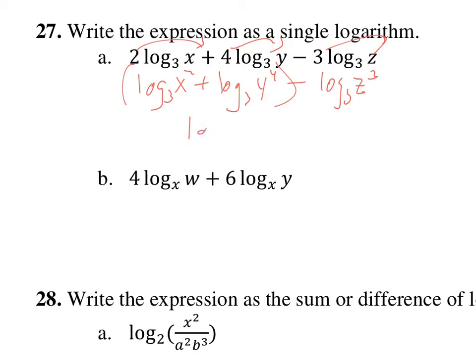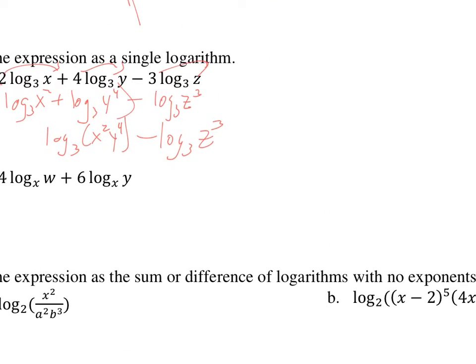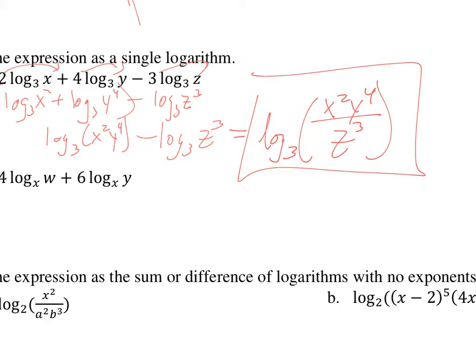So this is log base 3 of x squared y to the 4th minus log base 3 of z cubed. And now subtraction becomes division, and so we have log base 3 of x squared y to the 4th all over z cubed. There you have it.